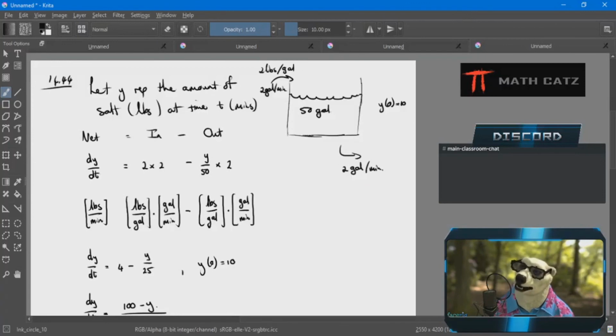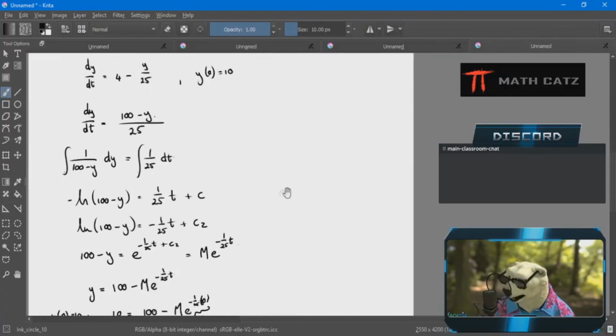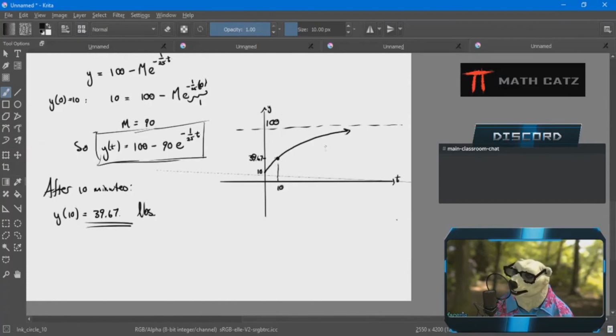So I'm gaining salt rapidly. But the more salt in the 50 gallons, the higher the concentration and the more salt is exiting, to the point where they are matching each other almost perfectly. And the graph gets really flat. So the actual increase gets closer and closer to zero.